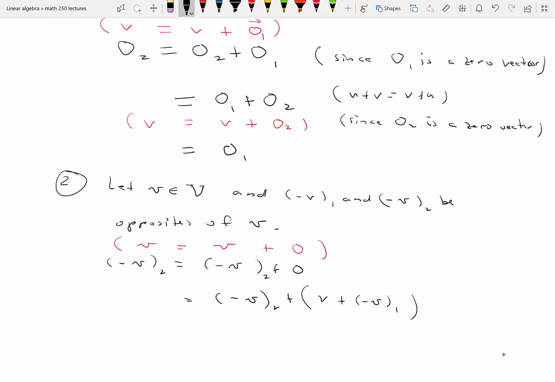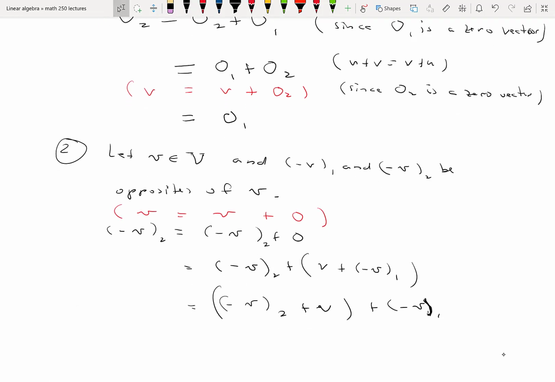Okay, well, we have all 8 properties to use. We're in a known vector space. This is the same thing as the opposite of V2 plus V, in parentheses, plus the opposite of V1. Why? That's the second property of a vector space.